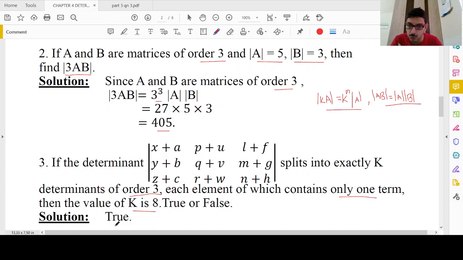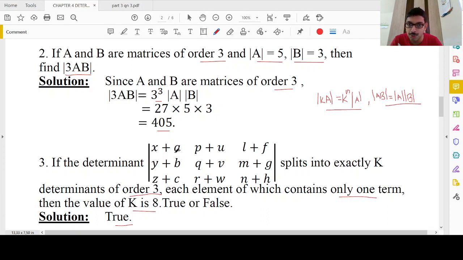The answer is true. The question is, we have to split this entire determinant into k determinants of order 3, and each element of which contains only one term. That means when we split it into k determinants, no term should be a sum of two terms. Every term should be only one term.